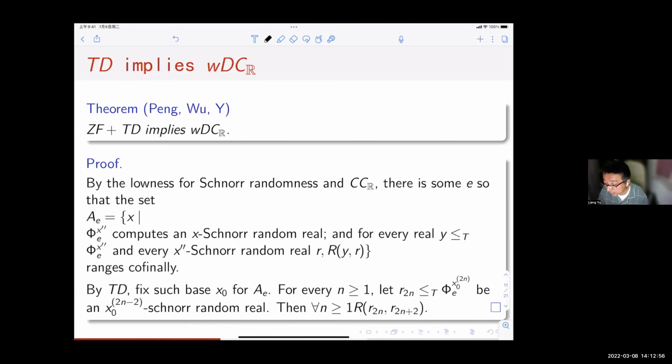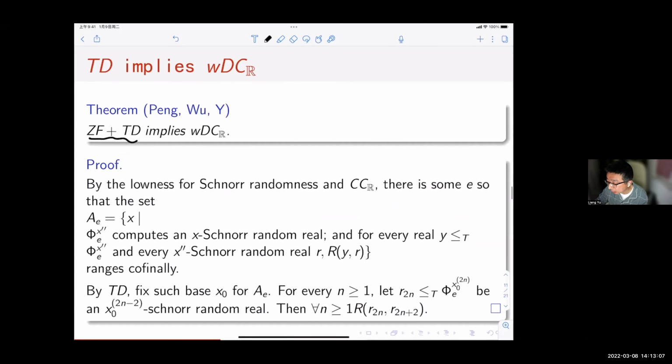So now let's look at how to apply randomness to prove this result. We prove ZF plus TD implies WDCR. Now the idea is like this. We use Schnorr randomness, because we don't use the standard notion like Martin-Löf randomness. The point is that lowness for Martin-Löf randomness is bad.